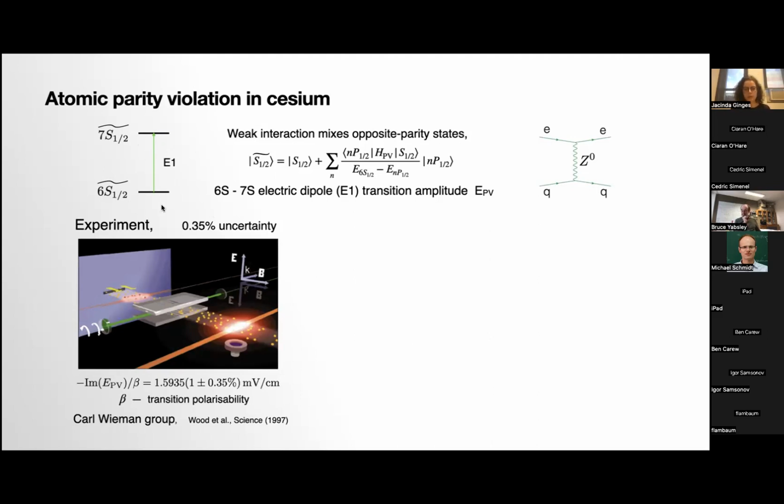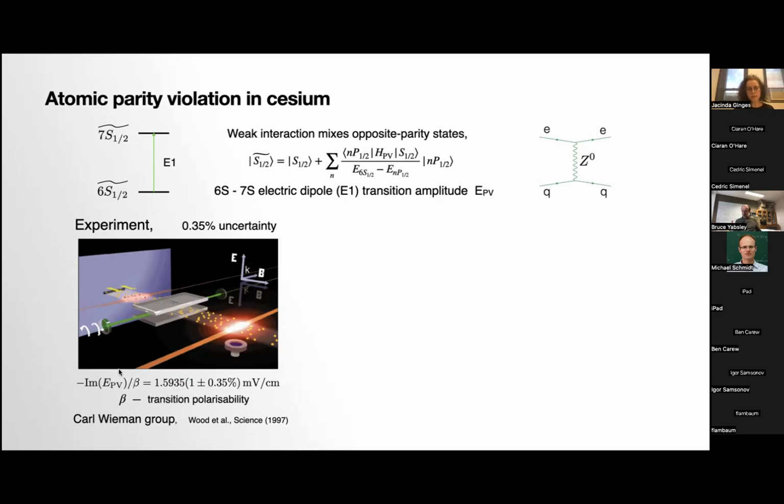And this has been measured most accurately in an experiment from some decades ago by the group of Carl Wieman. And what they're really measuring is this amplitude divided by the vector transition polarizability, and this enters because they apply an electric field during their measurements, and they get some Stark mixing in there in the final measurement as well.